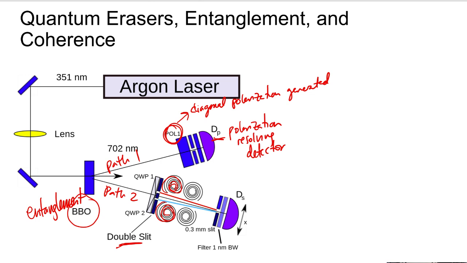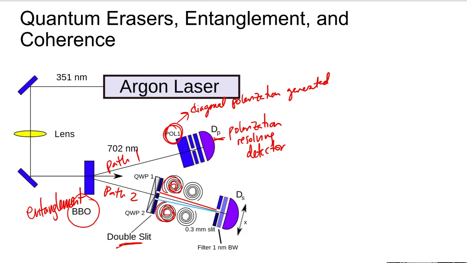So here's our double slit, here's path 2. Both detectors are connected to a coincidence circuit so that we can ensure that only entangled photon pairs are being counted. And we have a stepper motor that's scanning across the target area, producing our interference map. So this will give us the traditional interference pattern in the double slit experiment.